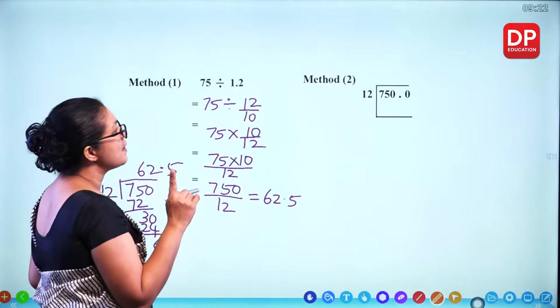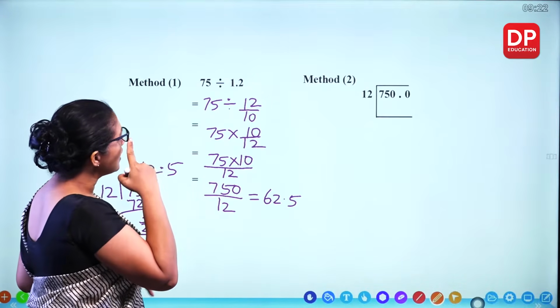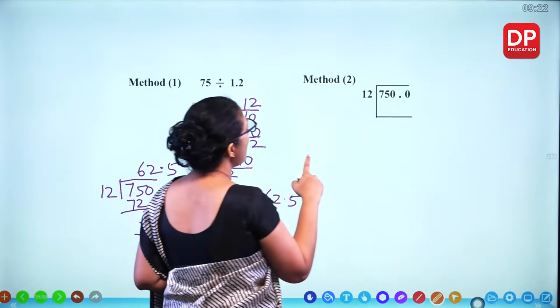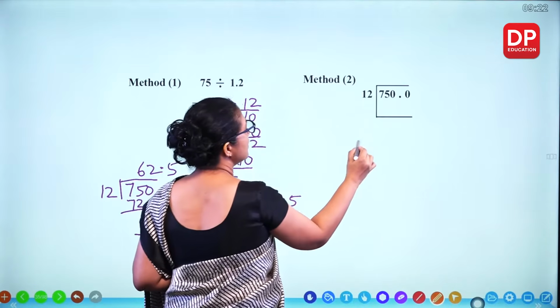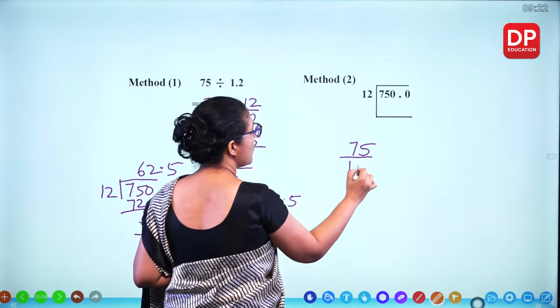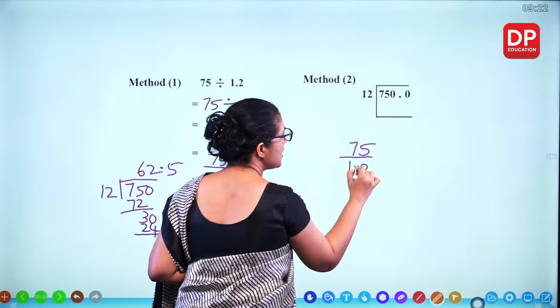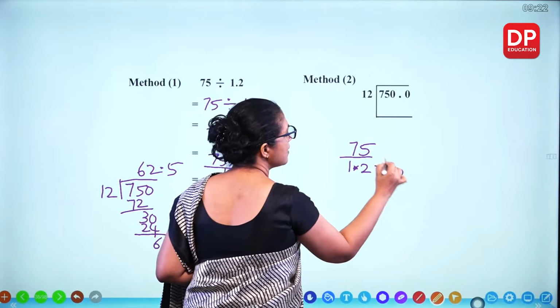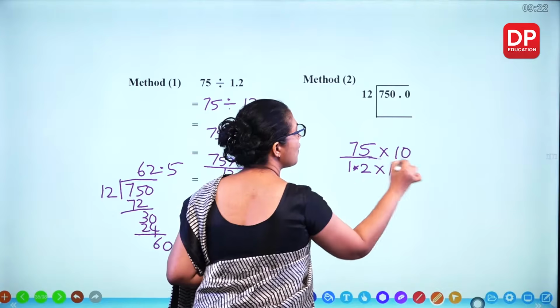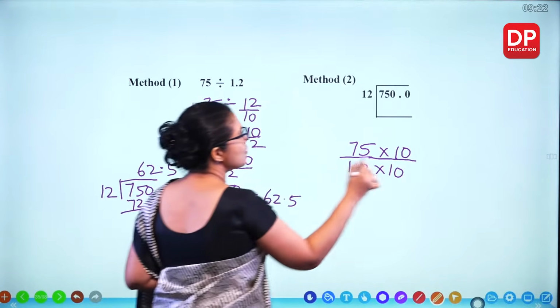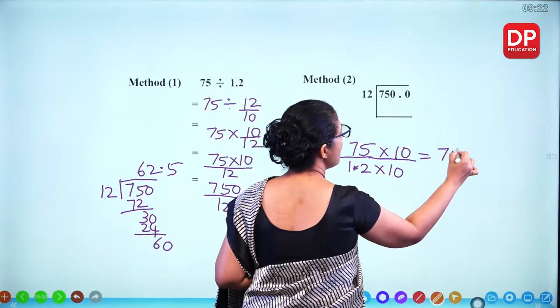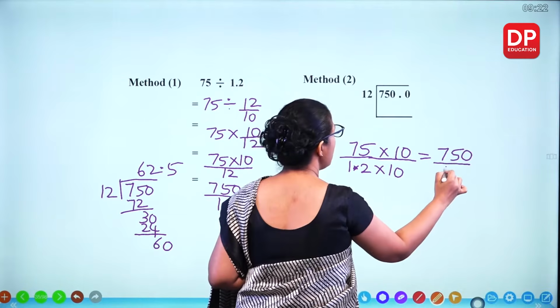Now we'll use the other method. What do you do? Second method. 75 divided by 1.2. How do you get rid of this decimal point? You multiply it by 10. So we do the same thing for the numerator. So the question becomes 750 divided by 12.